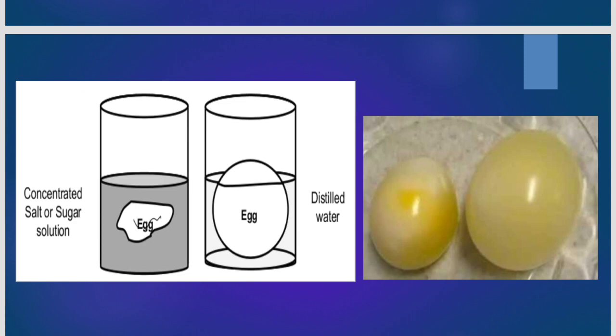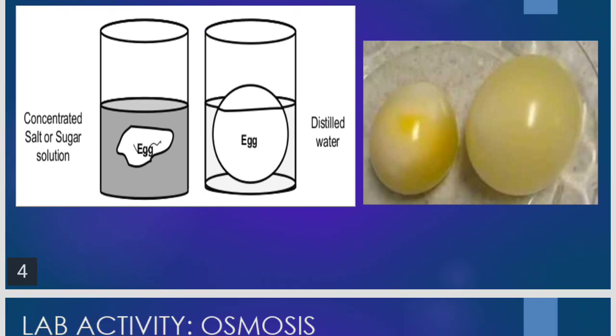The water is leaving the plasma membrane of the egg into the beaker. And if you keep the same egg in the beaker containing distilled water, then the water from the beaker enters into the egg, making it endoosmosis. You can see in this slide the size of the eggs. They are not boiled eggs, remember.